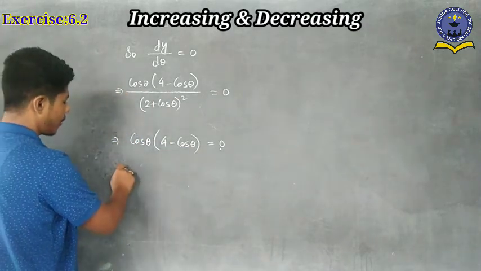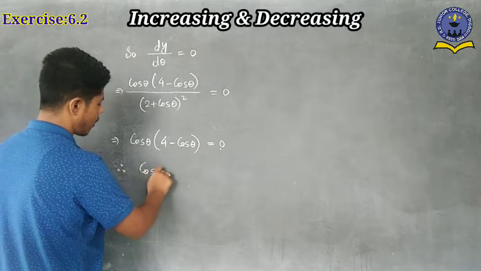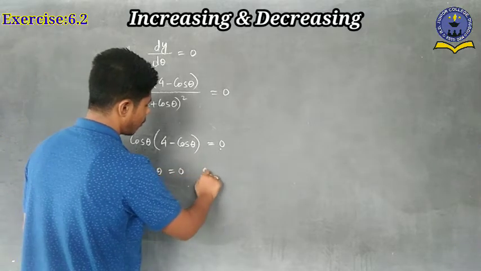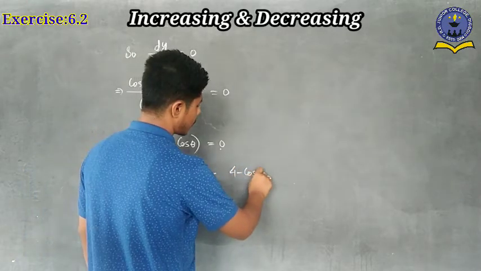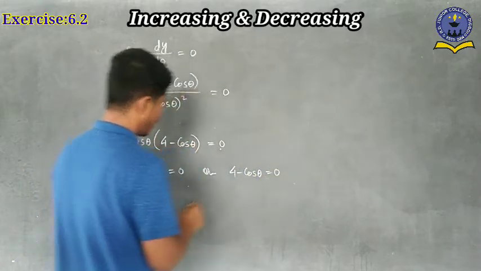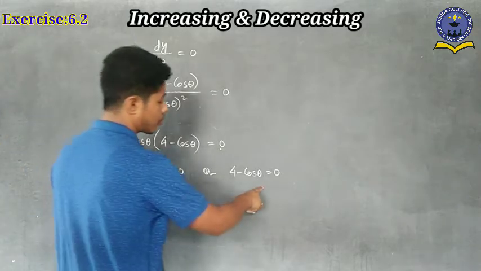Therefore we write cos theta equals 0, or in this case 4 minus cos theta equals 0. Now you see this second case is not possible.